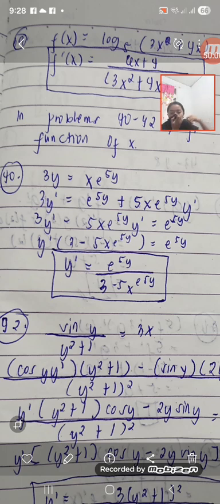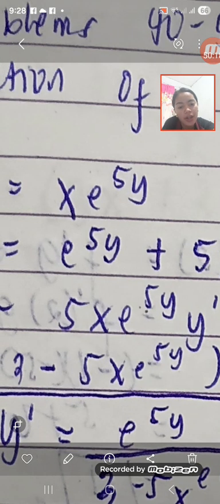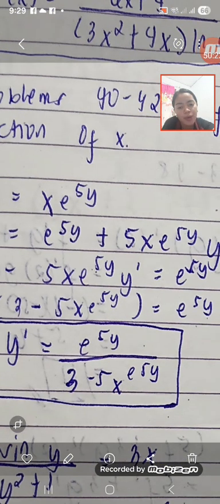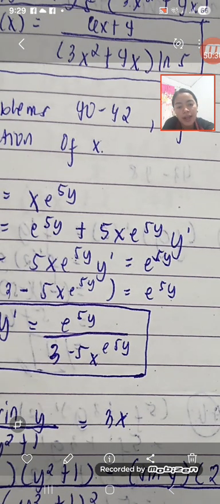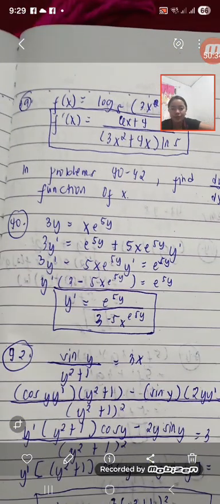Because the derivative of x e^(5y) is e^(5y), because the derivative of x is 1. And we add this by this one. Since we bring down the 5, that's why we come up with 5x e^(5y), and let's multiply this by y prime. Always remember to multiply it by this.